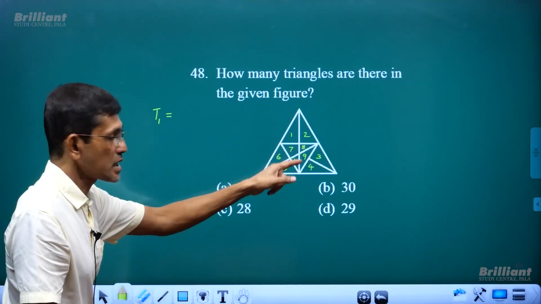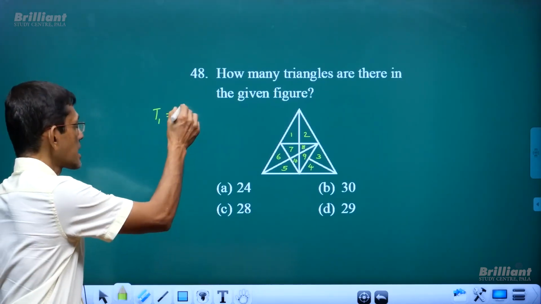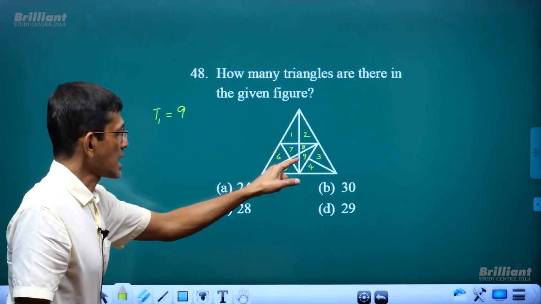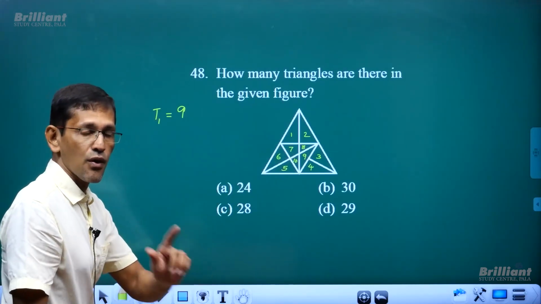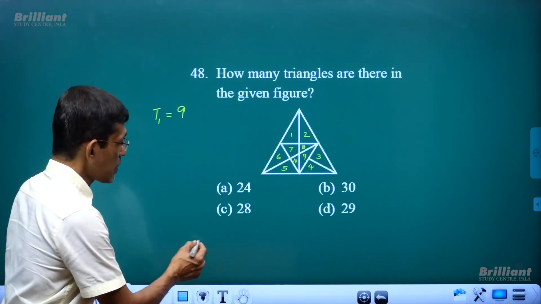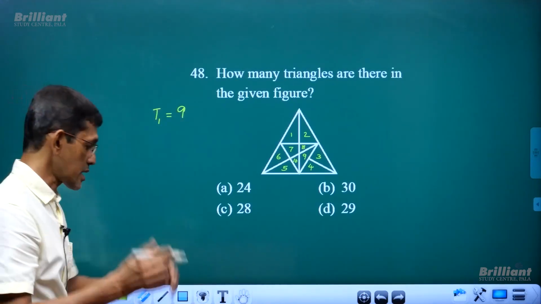So how many individual triangles are there? There are 9 triangles. Which are they? 1, 2, 3, 4, 5, 6, 8, 9, 10. Except 7, all of them are triangles. So 9 of them.